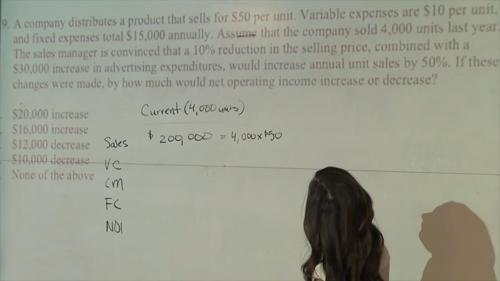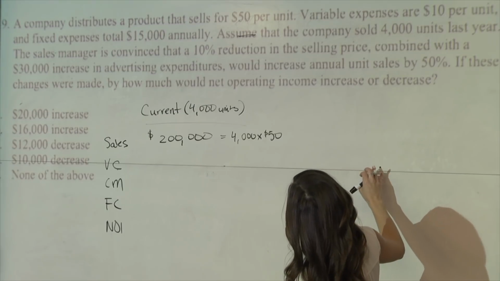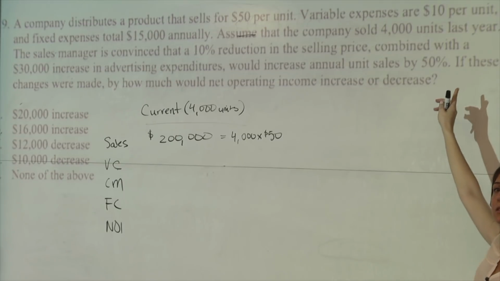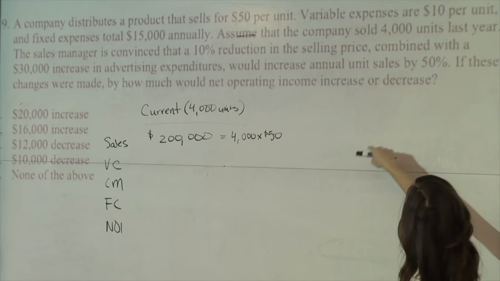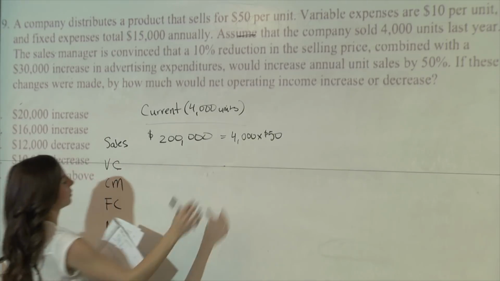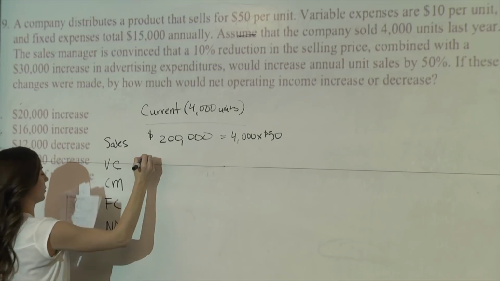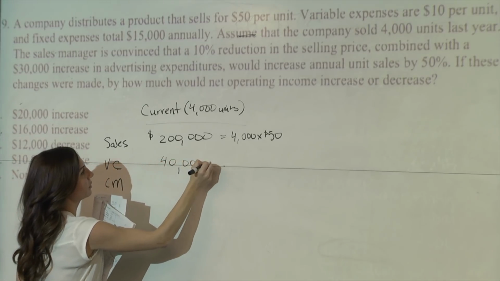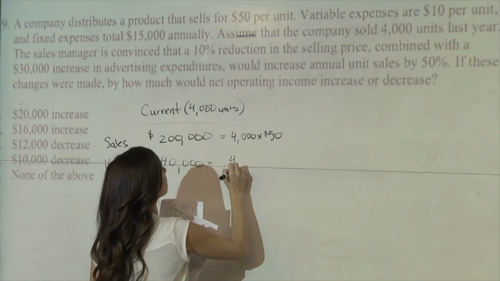Then we have our variable costs. Again, we're given the per unit cost, which is $10, and we're given the number of units. It's always going to be the same as in the sales scenario, so we're going to get 40,000, and I'll just explicitly write it out.